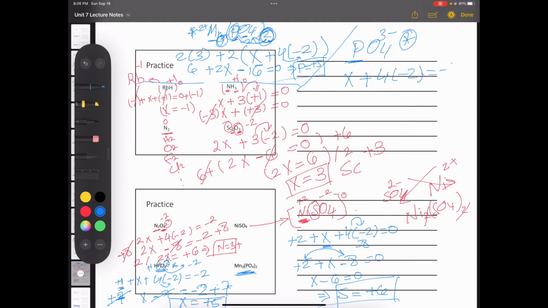That would be -3. So X minus 8, right, equal -3. I'm going to add a positive 8 on both sides so I can cancel out my 8. As a result, P oxidation number will be positive 5. And it is obviously the same thing as we calculated up there.